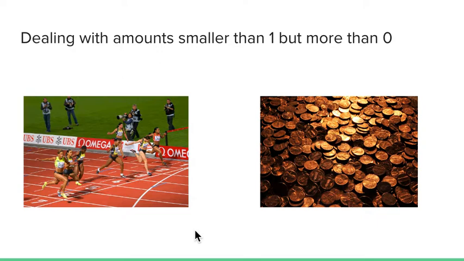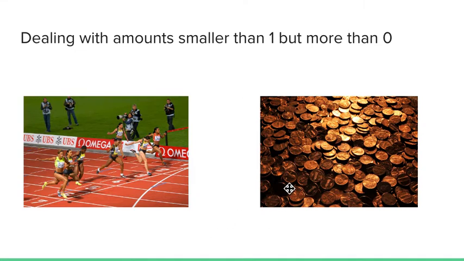It's usually less than a second. So that's when we use decimals. One runner may have run 9.67, and the second place runner may have run 9.94. So they're both in the 9-second range, but we're dealing with increments smaller than 1. So we have to use the decimal.